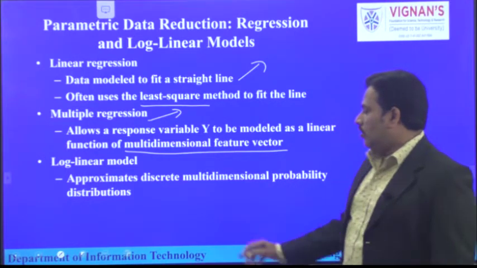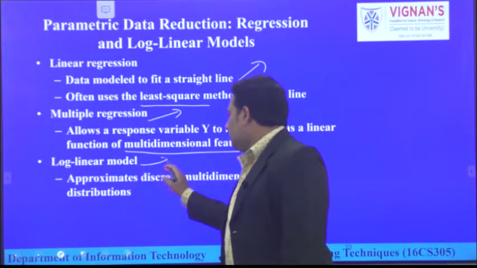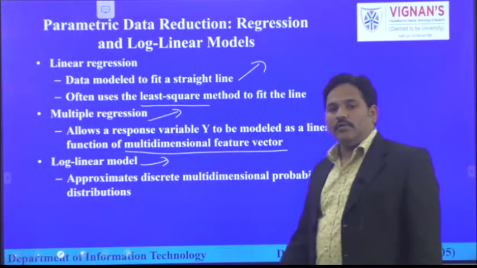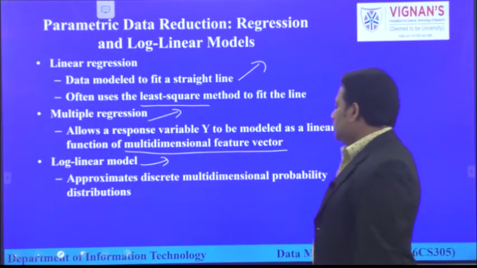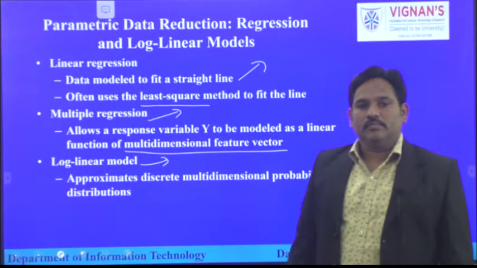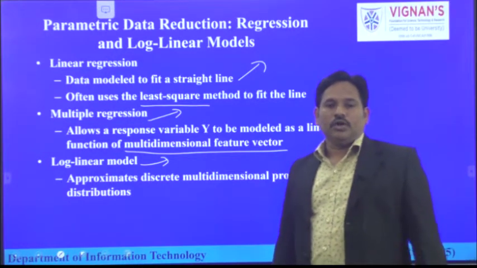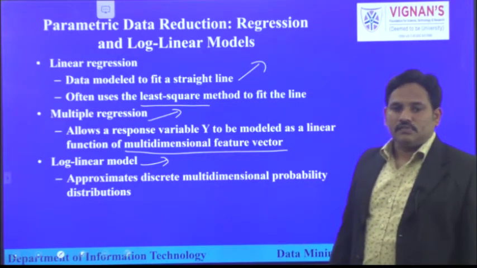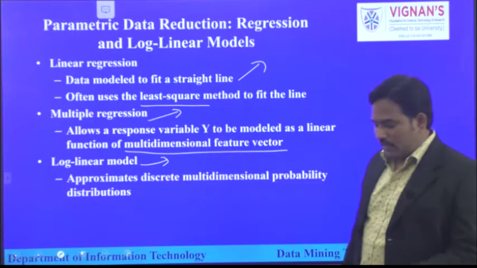When it comes to log linear model, the data approximates are going to be used and are going to be derived by using discrete multidimensional probability distribution. That means in log linear method, probability distribution approaches are going to be applied in order to derive the best numerosity reduced data set.